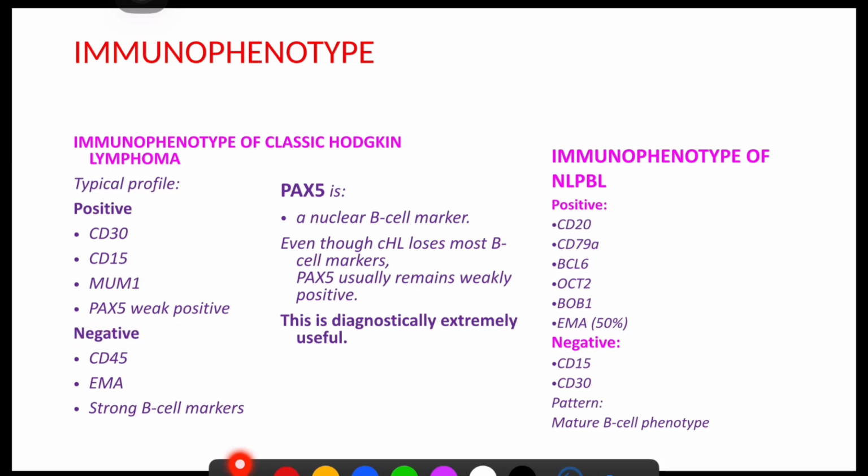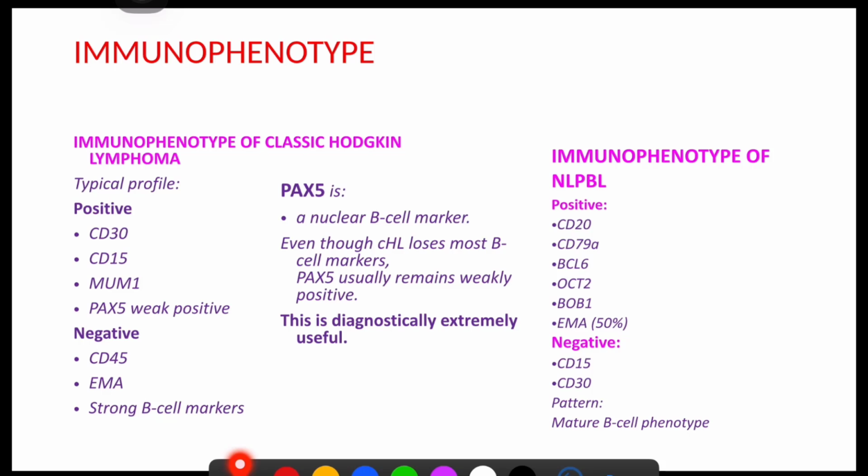This PAX5 is diagnostic and very useful because it is a nuclear B cell marker. Even though classic Hodgkin's lymphoma loses most B cell markers, PAX5 usually remains weakly positive. So this is a useful indicator.